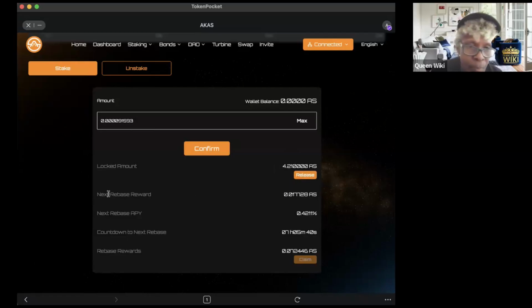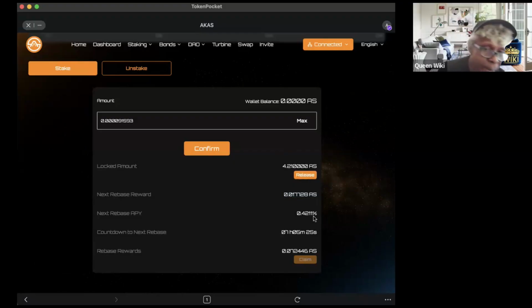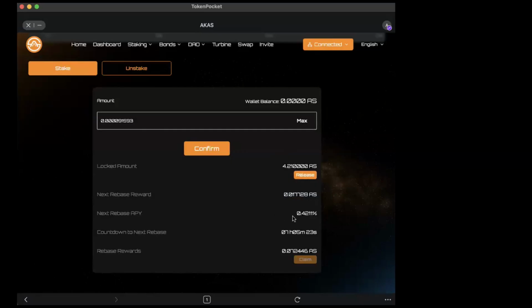The next rebase reward, as we can see from here, is automatically calculated for all of us. The next rebase APY is 0.4211. And that's APY, not daily. Actually it's daily.